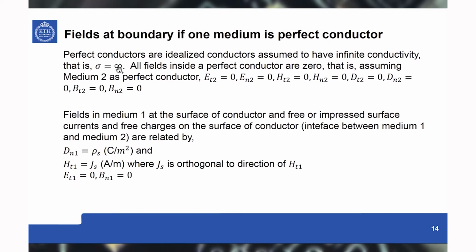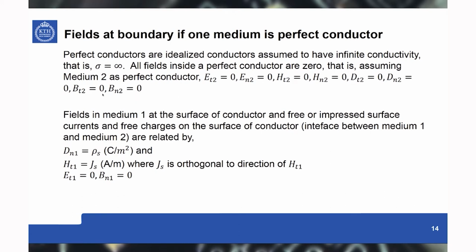Now, there cannot be any fields inside a perfect conductor by definition, and these fields are zero because no fields can penetrate a perfect conductor. That is, assuming medium 2 is a perfect conductor in the previous picture, all the field components with subscript 2 are zero.